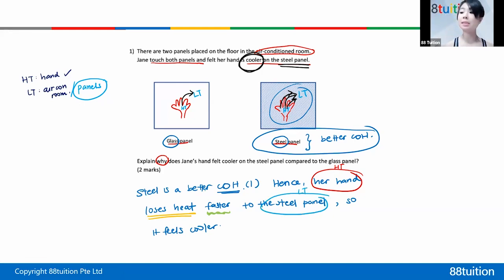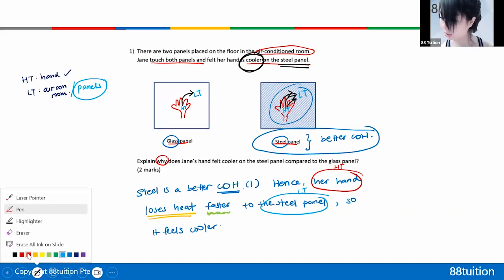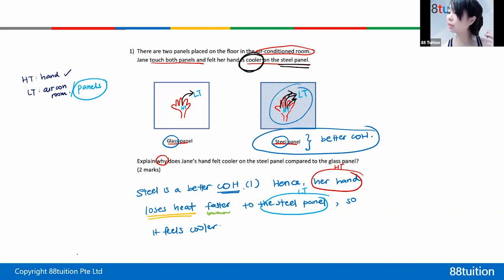Okay, so look at what is needed in your answer. The first part, stating whether it's a better conductor of heat or poorer conductor of heat, is 1 mark. The second half mark comes when you tell me her hand loses heat faster to the steel panel.